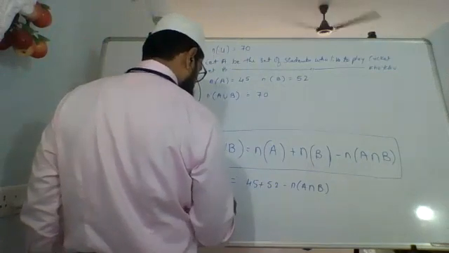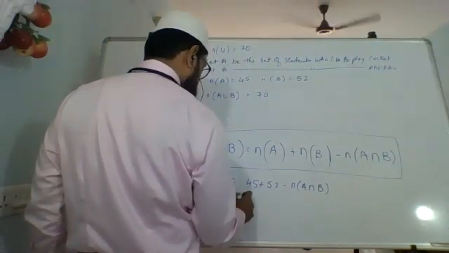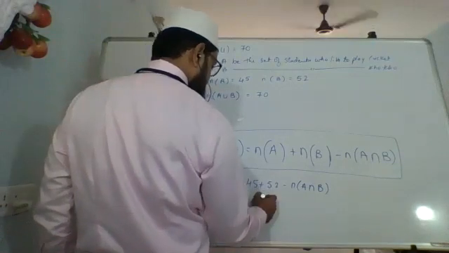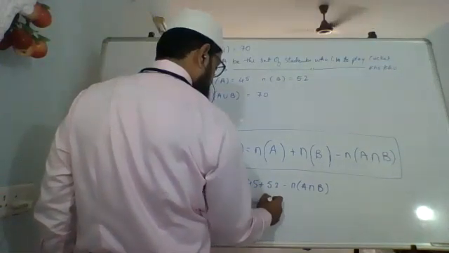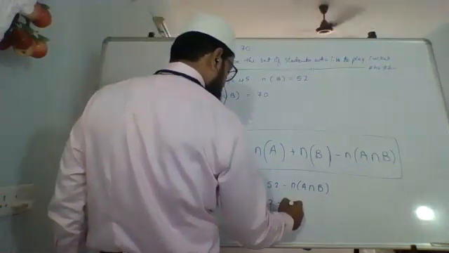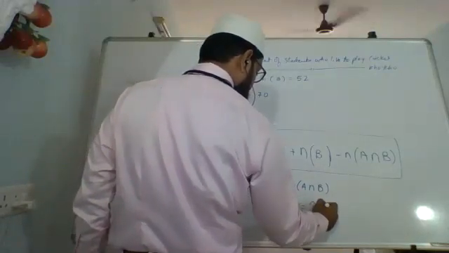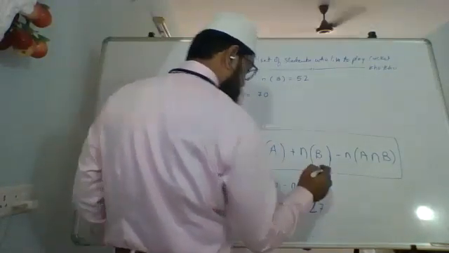So N of A intersection B, 45 plus 52 is 97, minus 70, equals 27.